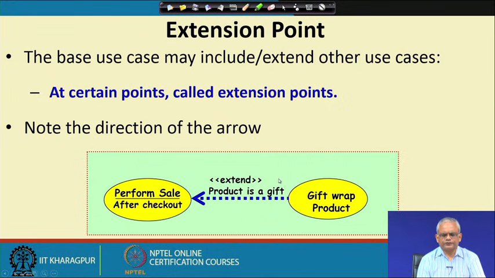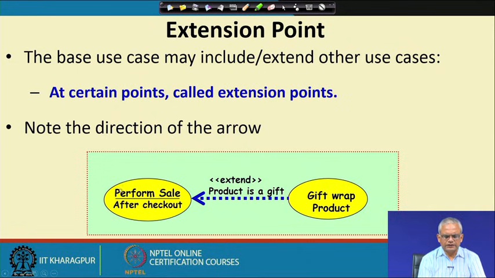UML also provides the facility to define an extension point. It sometimes helps to say at what point in the execution of the order or perform sale an extend use case can be executed. Let us say during a sale somebody can request that the product is gift wrapped.